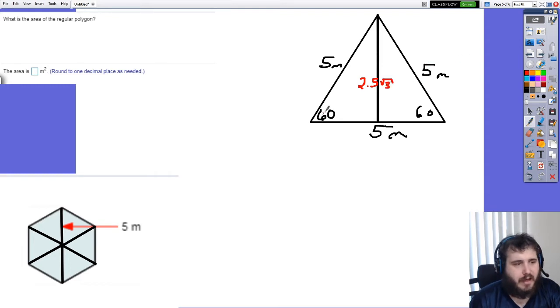So I've got my base is 5, my height is 2.5 radical 3. Basically, whatever the base is for this equilateral triangle, cut it in half, put a radical 3 on it, there's your height. And now I can just do my problem, find the area of one triangle, 1/2 base height.